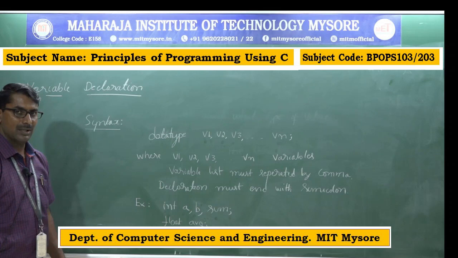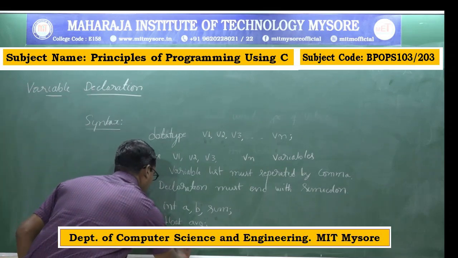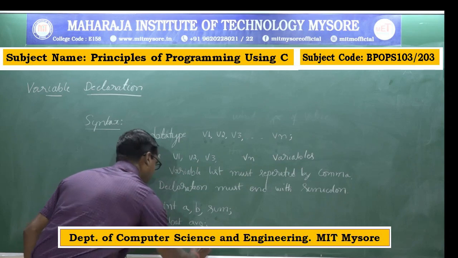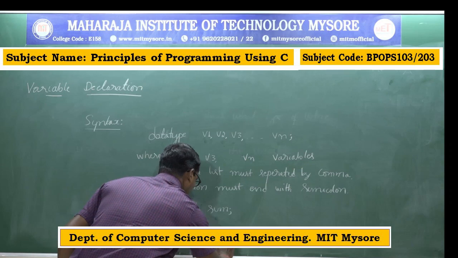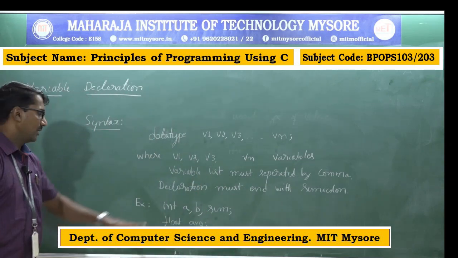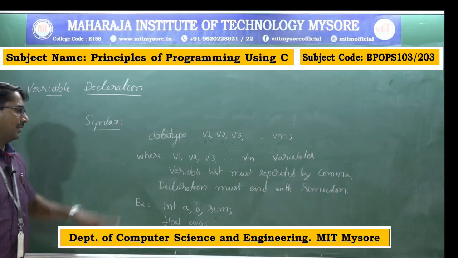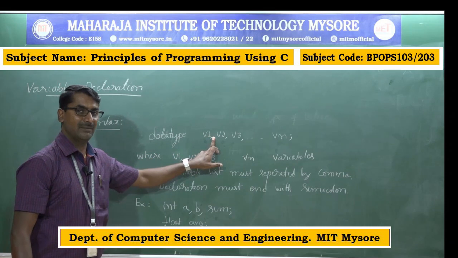So if you want to store a double type value, then double value. So the variables are declared by using the syntax data type, variable list, end with semicolon.